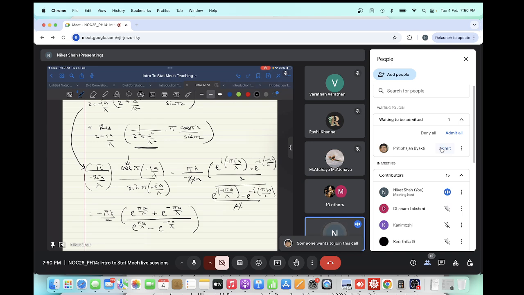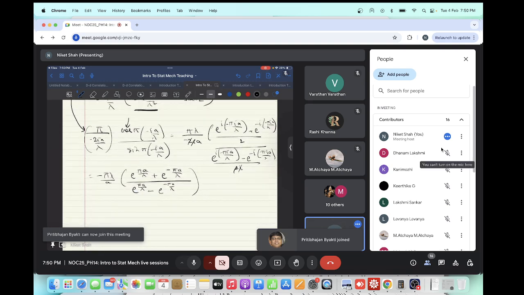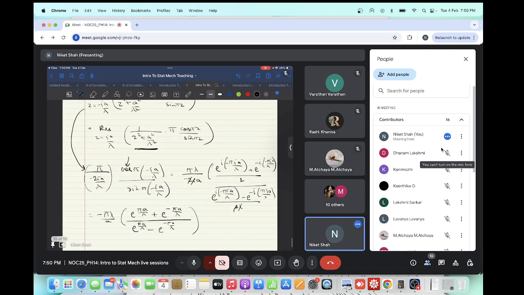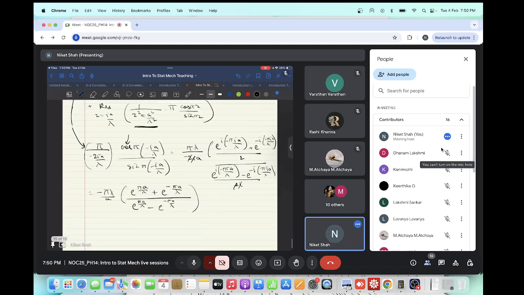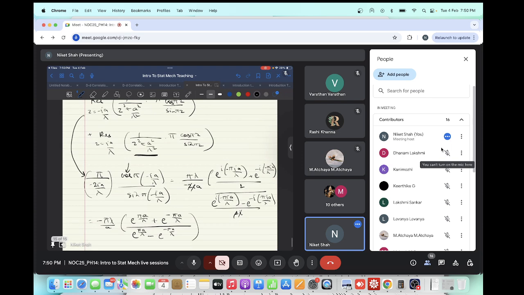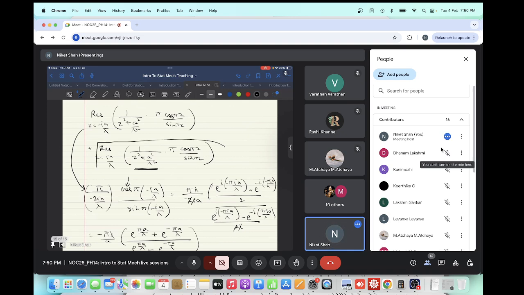This is my first residue with negative sign. Okay, what's the second residue? Along similar lines, I will be getting the second residue as pi divided by 2 I a by lambda. I am evaluating this term now.